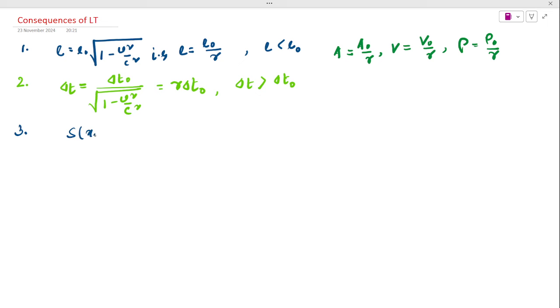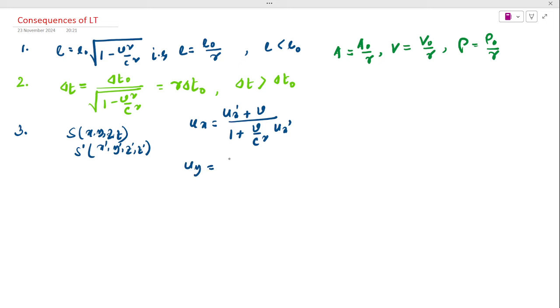In S frame x, y, z, t, S dash, x dash, y dash, z dash, t dash, and the ux is ux dash plus v by 1 plus v by c square ux dash, uy is uy dash by gamma into 1 plus v ux dash by c square.